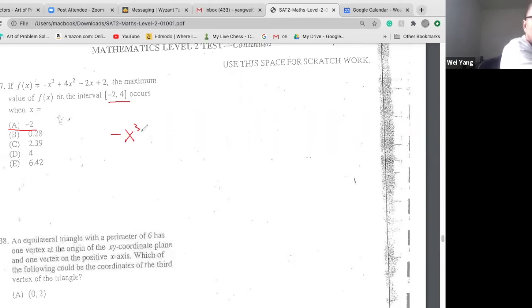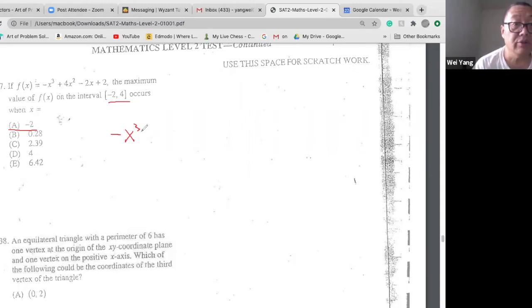That will be equals -x to the power 3 plus 4x to the power 2, then minus 2x, then plus 2. Okay.